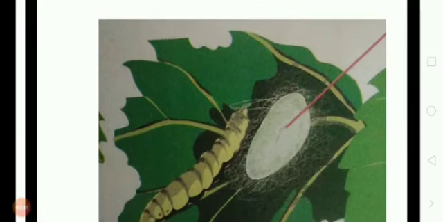This is how it spins the silk around itself. As you can see here, some of the threads too. So this is how the silkworm spins silk around itself, and finally it makes a white colored coat around itself, and that coat is known as a cocoon.